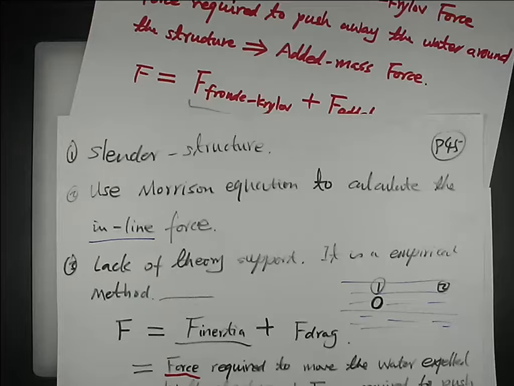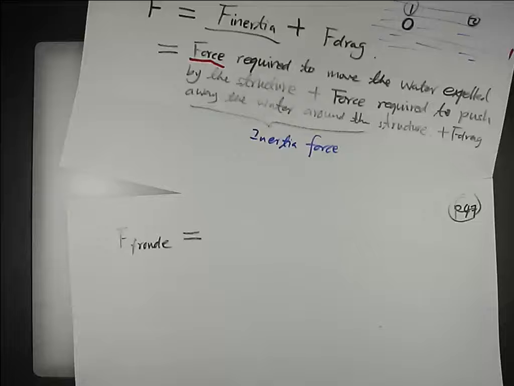But when we do this calculation, the equation only gives you the force acting on unit length of the structure, just 1 meter of the structure. If you want to calculate the total inline force, you need to multiply the result obtained from the Morrison equation by the length of the structure. So here it's just unit length.